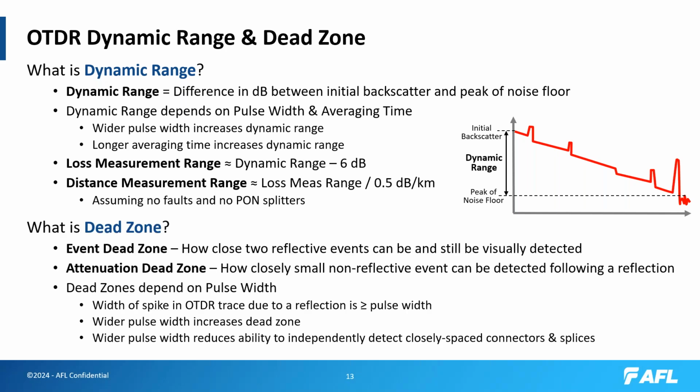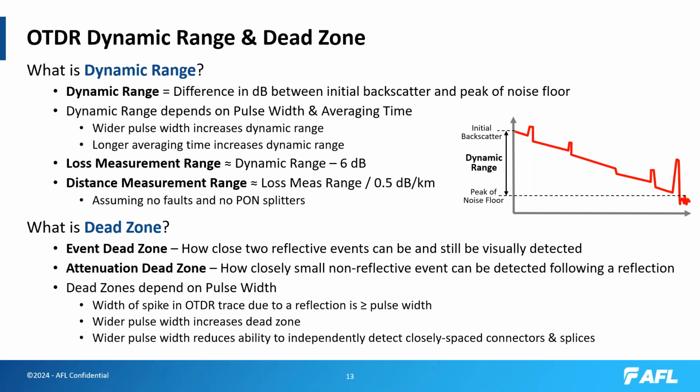So what is dead zone? This is another spec that OTDR engineers would use to specify, or end users would use to select an OTDR. Event dead zone indicates how close two reflective events, typically two connectors, can be, and the peak reflection or the spike reflection from both of those can still be visually detected.